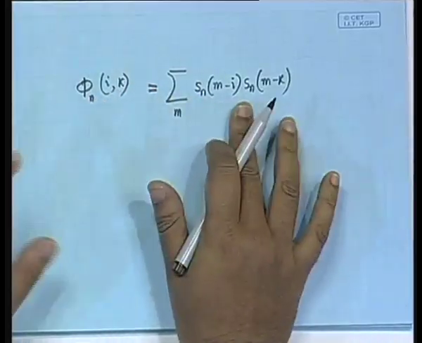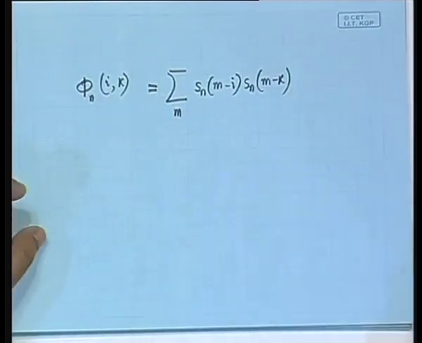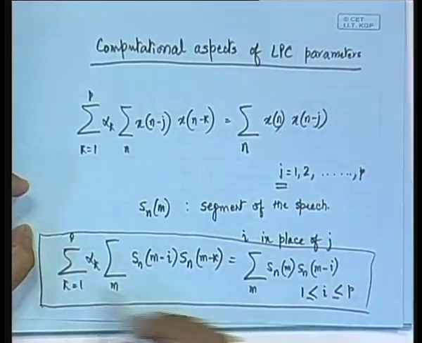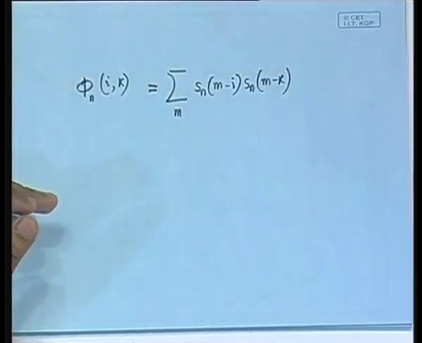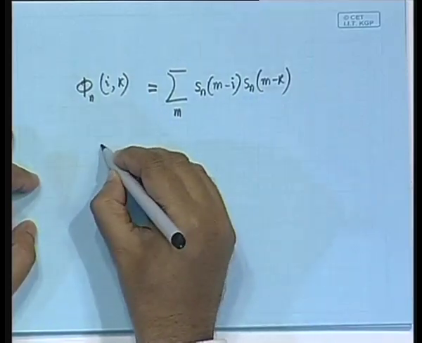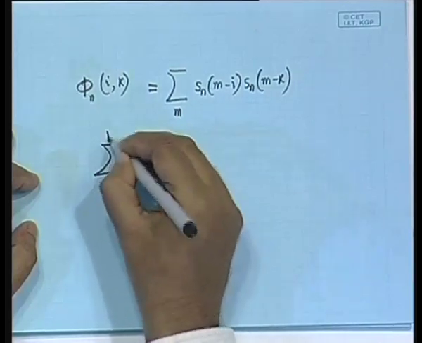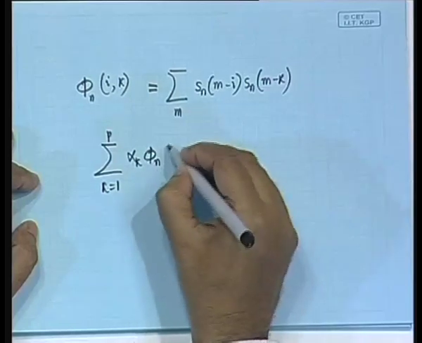In fact, it is just a change of variable, but let us introduce this notation: phi n (i, k), the autocorrelation we define this way. In terms of this notation, we can rewrite the same equation as summation k equal to 1 to p of alpha k phi n (i, k).